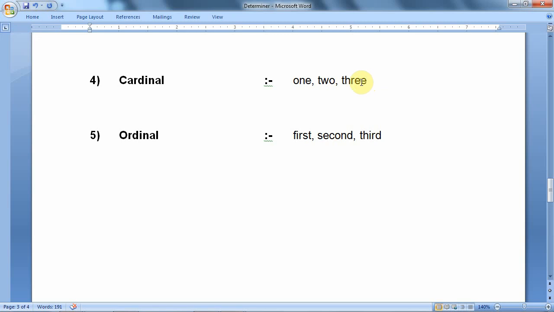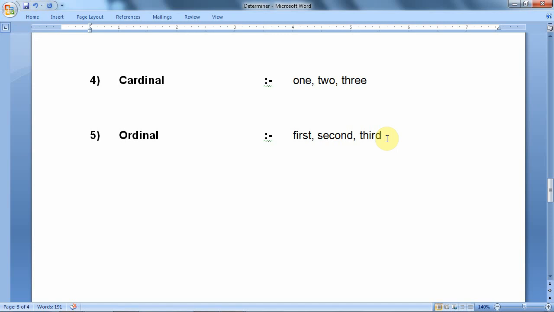In that manner we write these kinds of sentences and words in English, so they are considered cardinal. Ordinal means first, second, third, fourth, fifth, sixth, seventh, eighth, ninth. These types are used in the English language.